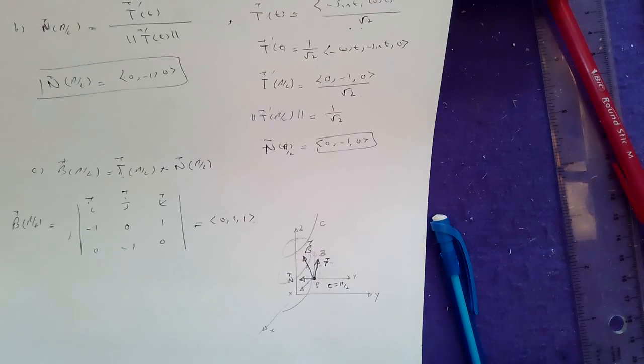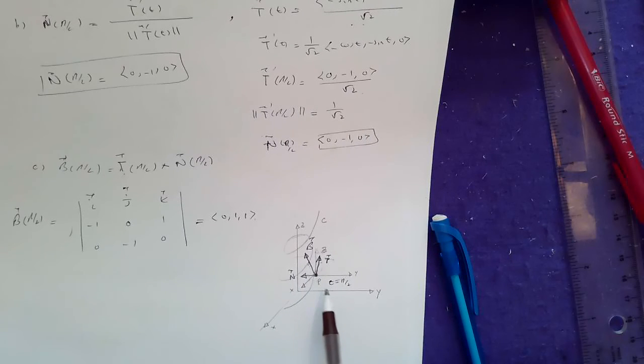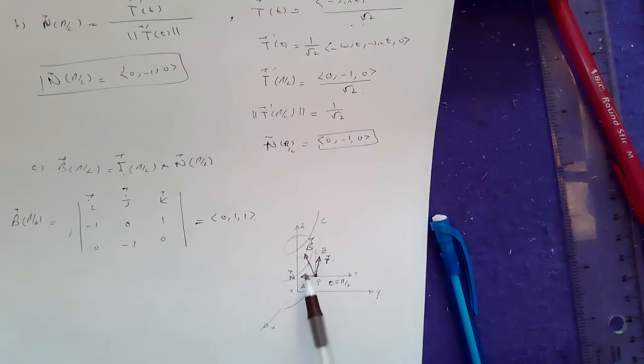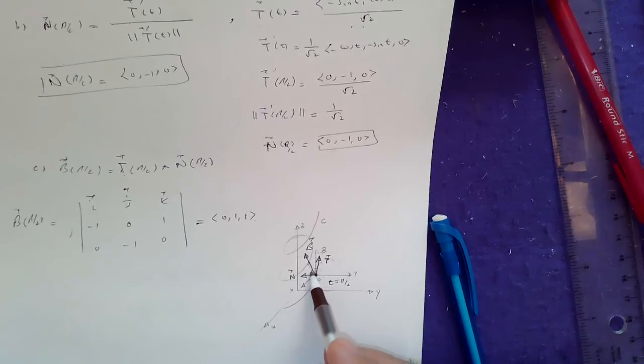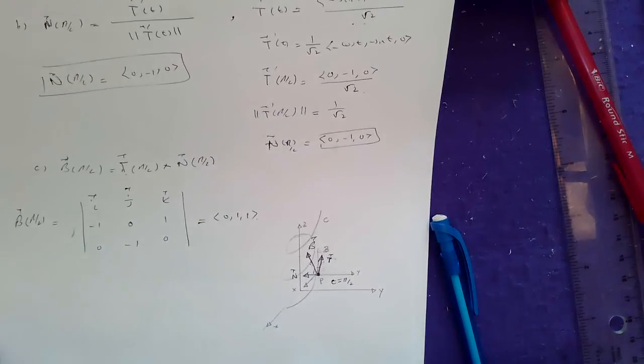Now you have the TNB frame at t equals pi over 2. Remember, T is in the direction of the motion. N tells you how the curve turns. And the binormal is perpendicular to both of these at that specific point.